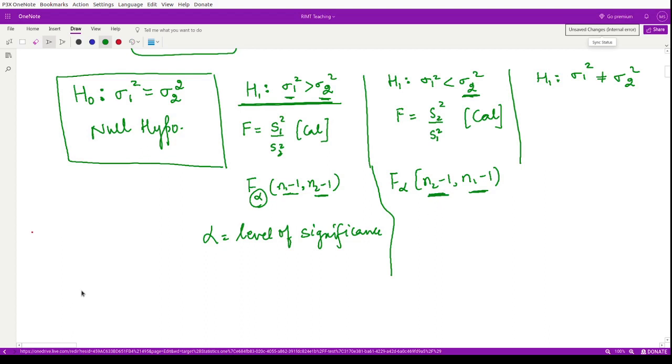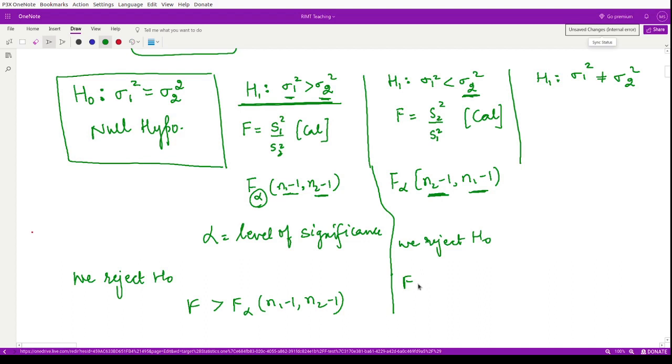So in the first case we reject the null hypothesis H naught whenever your F is greater than F alpha with n1 minus 1, n2 minus 1. This is for the first case. For the second case we reject H naught whenever your F is greater than F alpha with n2 minus 1, n1 minus 1.